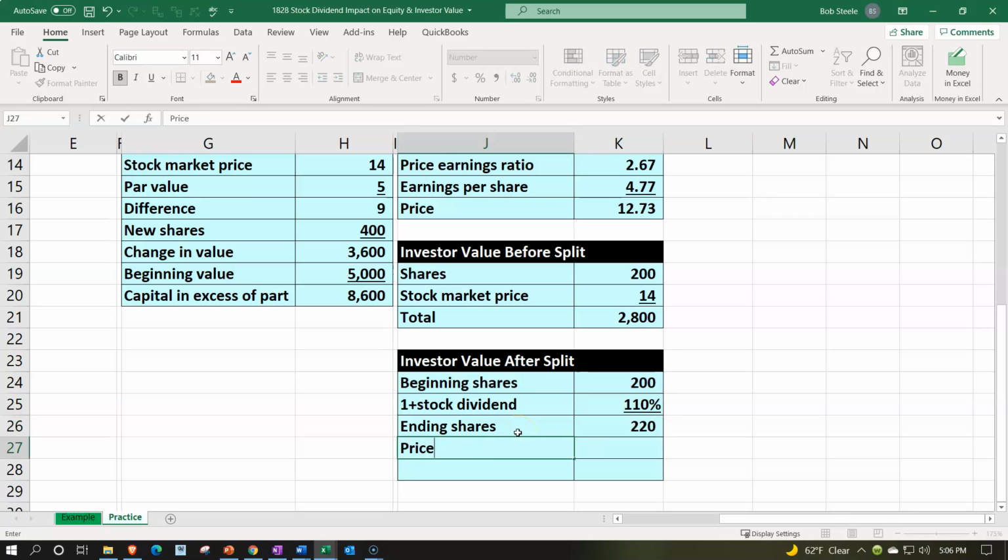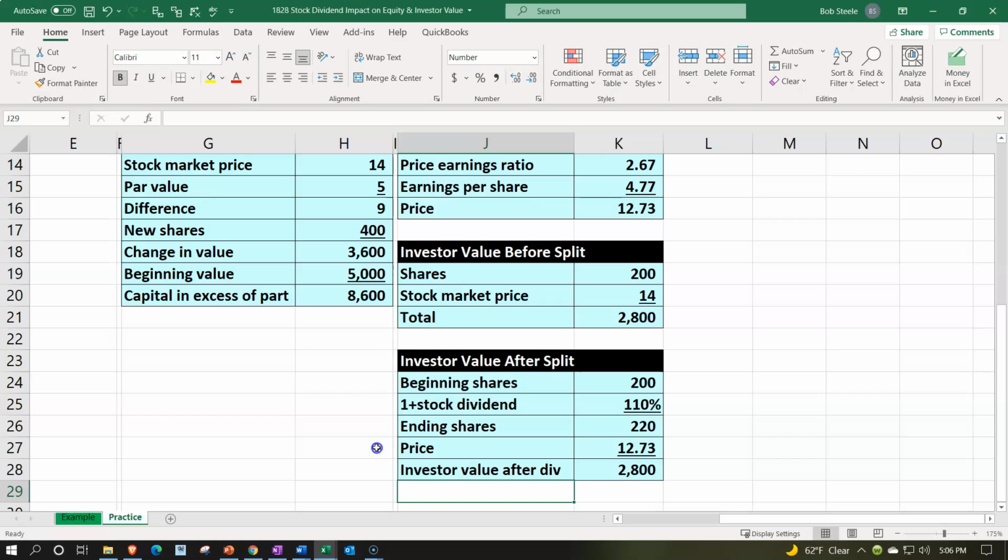The price now is the $12.73 we calculated. Number group, adding a couple decimals, font group, and underline. That should then give us our investor value after the split, or after the dividend, let's call it. That's going to be equal to the 220 times the 12.73.